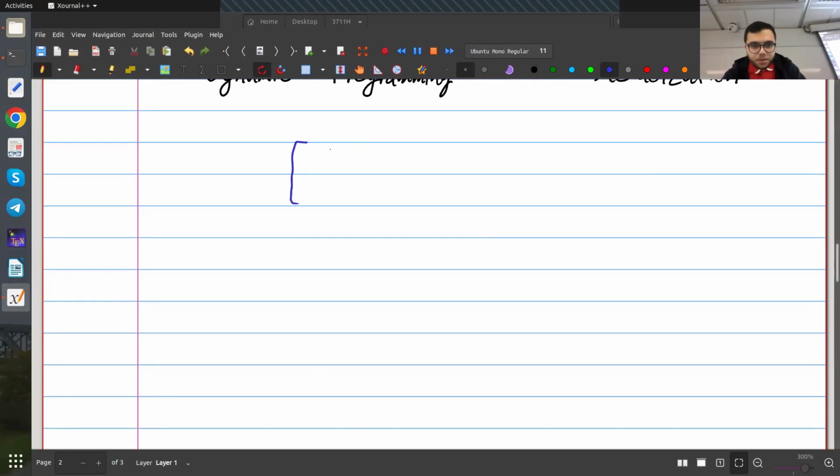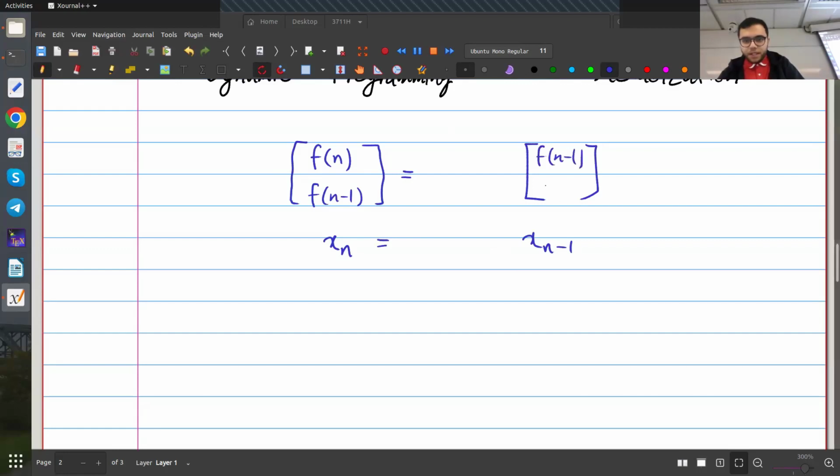So here's what I'm going to do. Let's say I look at f of n and f of n minus 1 as just one vector, okay? I'm going to give this vector a name. Let's call it x sub n. Now, what do I know? How can I write x sub n based on x sub n minus 1? Well, x n minus 1 is just f of n minus 1 and f of n minus 2.